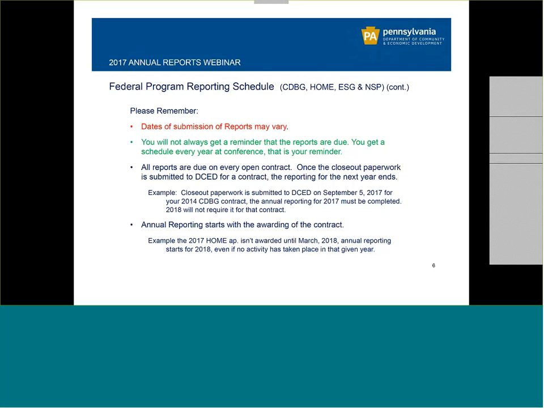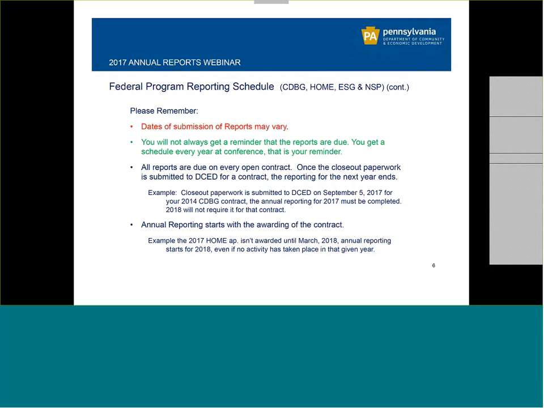Also, as I said before, they're due on every open contract. If you close out your paperwork by December 31st of 2017, you will still have to report your activity for 17, but for 18, you will not have to do a report.